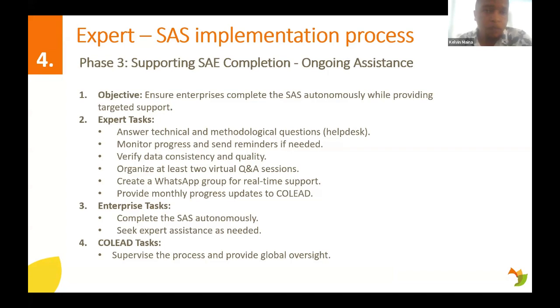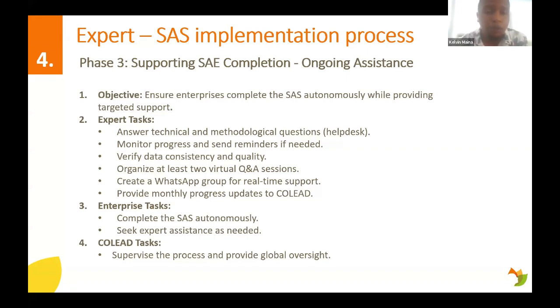Phase 3 will include support for SAS completion. This is ongoing assistance. The objective here will be to ensure that companies complete the SAS autonomously while providing targeted support. The expert tasks include answering technical and methodological questions, and you have a help desk for this, monitoring progress and sending reminders if needed, verifying data consistency and quality, and organizing at least 2 virtual Q&A sessions.